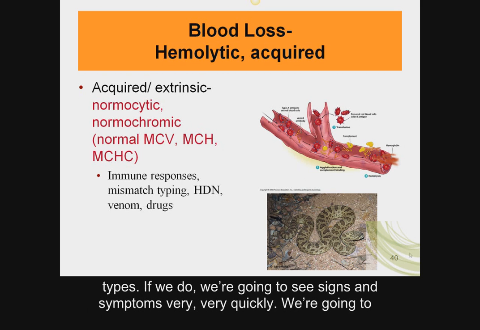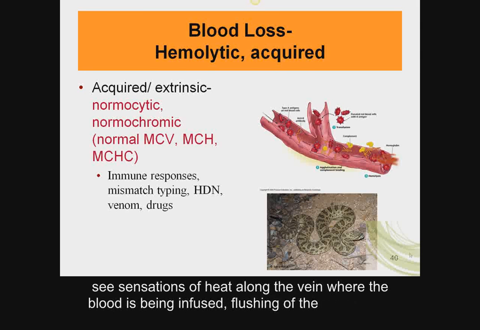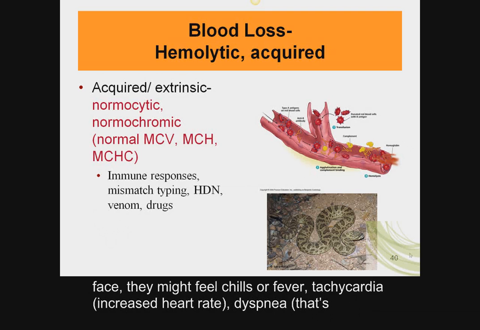We're going to see sensations of heat along the vein where the blood is being infused, flushing of the face. The patient might feel chills or have a fever, tachycardia, increased heart rate, dyspnea, that's the air hunger I was telling you about. But there can be other less severe blood transfusion reactions, some that are less sensitive.